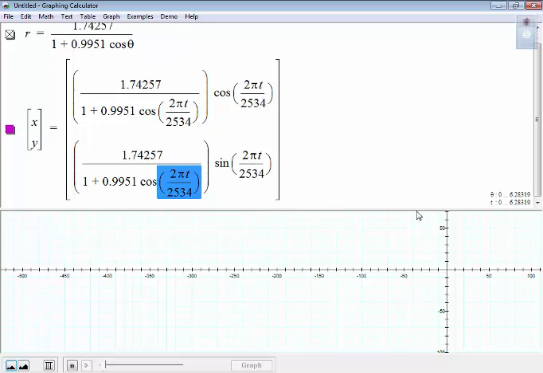And now it's not going to graph anything because why? Why is it not graphing anything? Because I'm only going to go from 0 to 2 pi, so that's like 6 years or something.